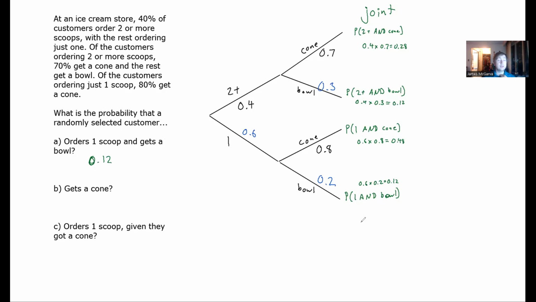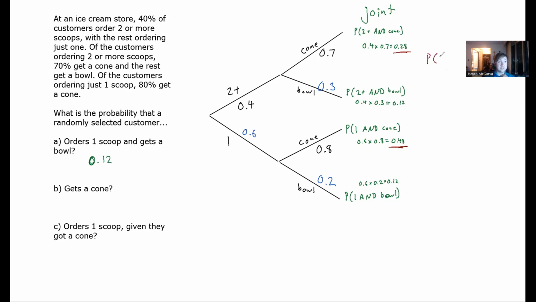But we can notice that all of these 4 groups are mutually exclusive. They have no overlap. All 100% of the customers fall into exactly one of those 4 categories. These numbers add up to 1. So if we want to know who's getting a cone, we just look at these people who get a cone and those people who get a cone, and we put them together.